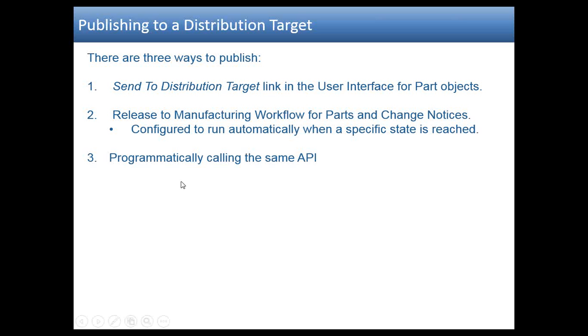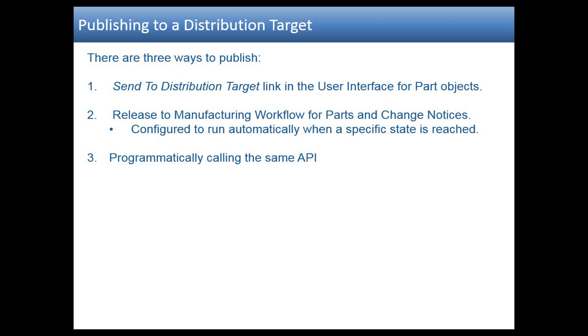And the second one is the release to manufacturing workflow. That is, automatically the process will trigger once any of the listed Windchill objects, the supporting objects for integration, reach a specific lifecycle state. We can configure either release or production, so whatever state is defined for manufacturing.